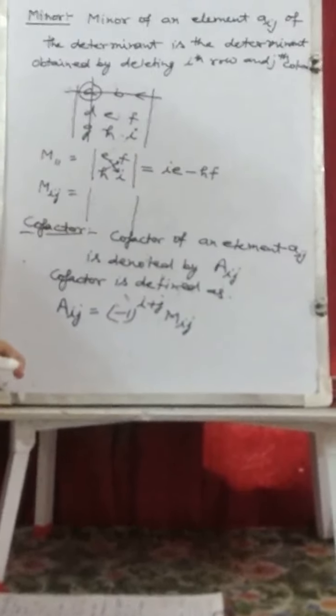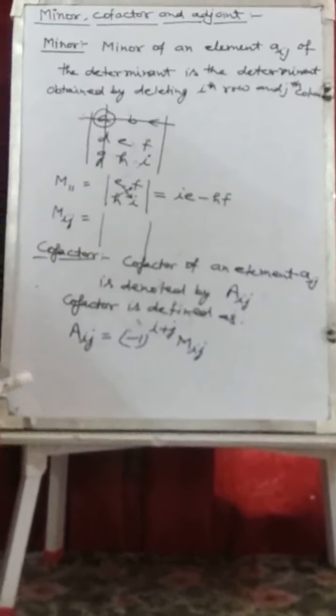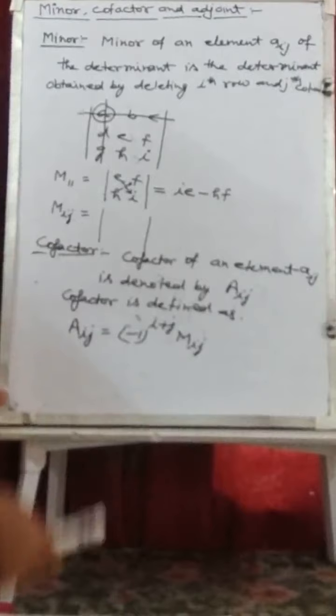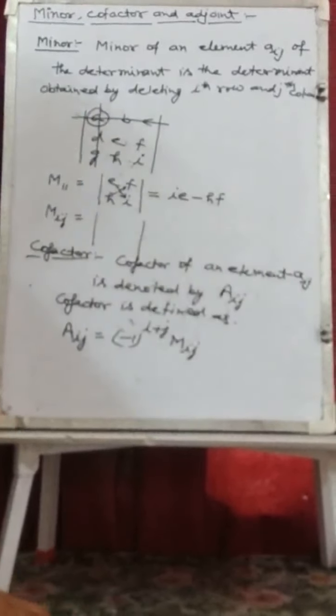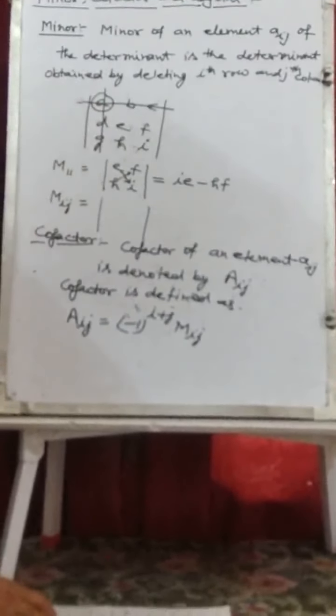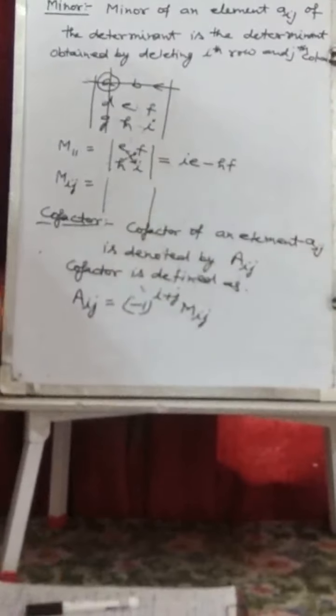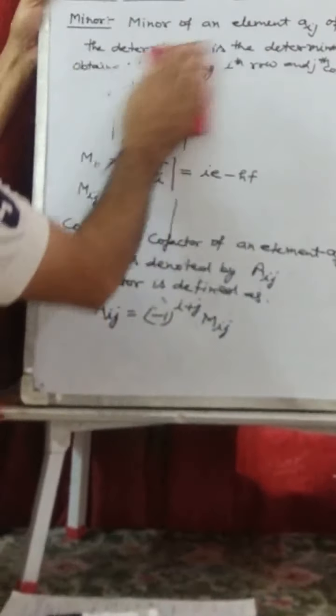So let us take a problem, with the help of which we will discuss how we find minor and cofactor.